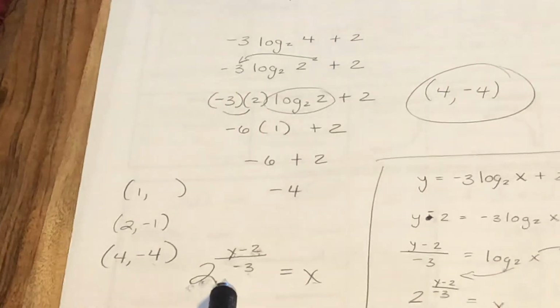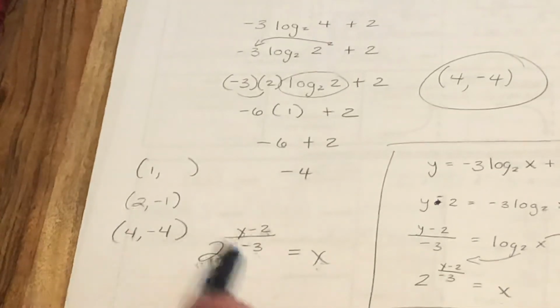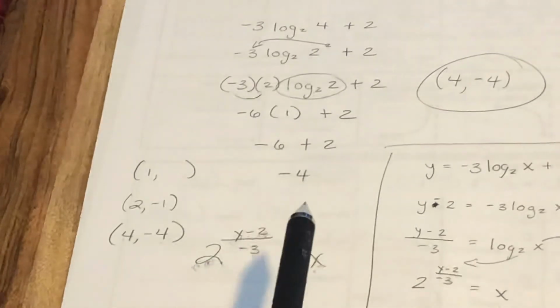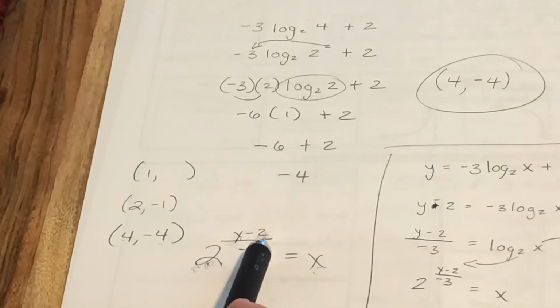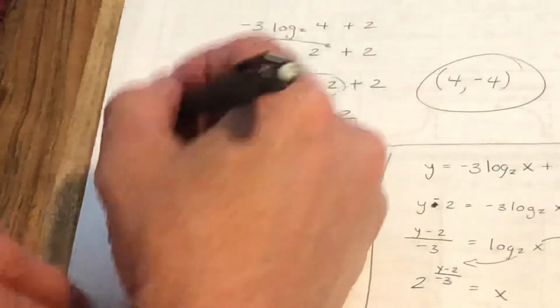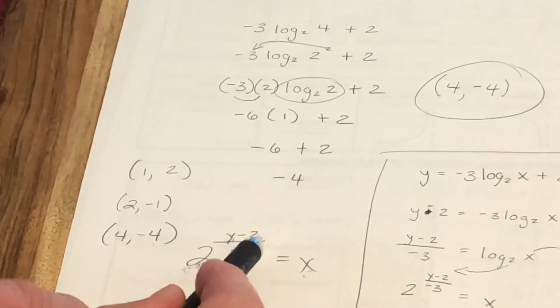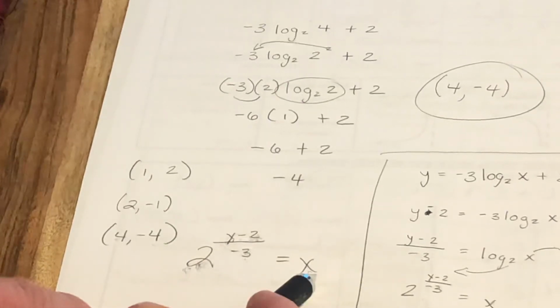How would I get 0 there? That's a very good question. Because my x has to be equal to 1, I'd have to have 0. What would make that 0? That would have to be 2. So my y, 2 minus 2 equals 0 over negative 3, which is basically 0. 2 to the 0 equals 1.